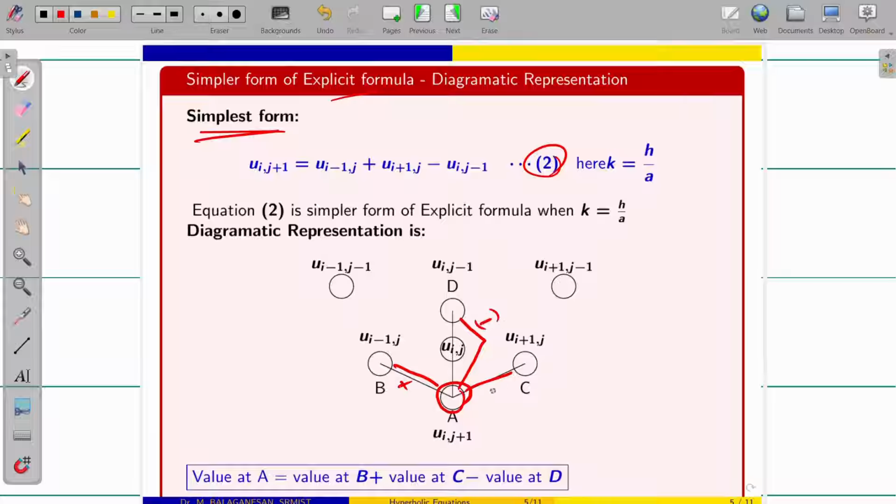Here it is plus. B plus c minus d. That's not the above value, but the top of the above value. Clear? This is the graphical representation for the explicit formula of a second order partial differential equation. Particularly, we will call it the one-dimensional wave equation.